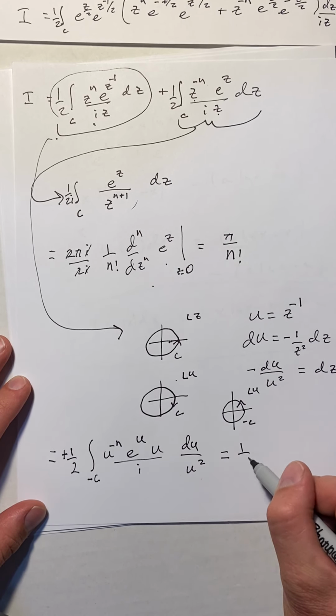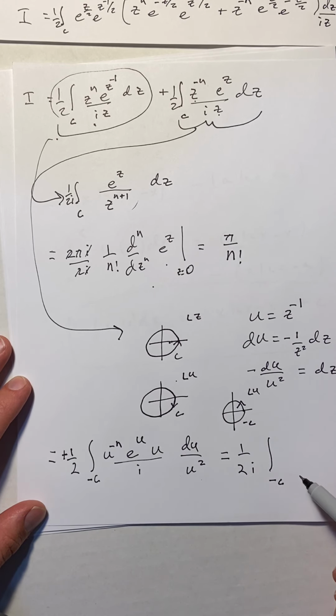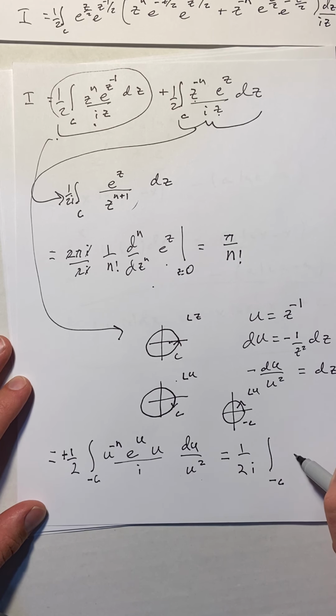This is equal to 1 over 2i integral over this negative C in the u-plane, e to the u.